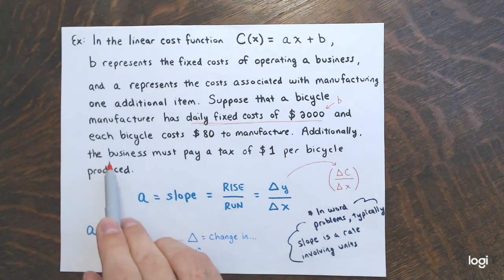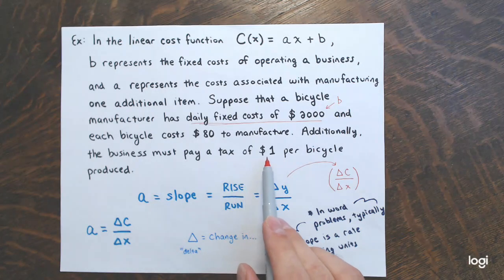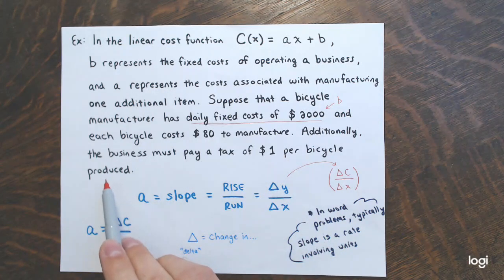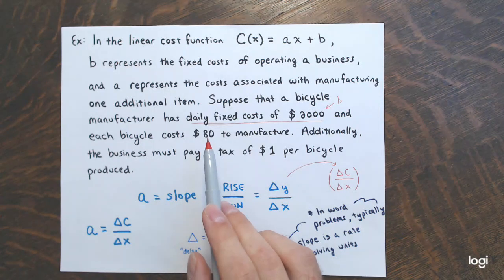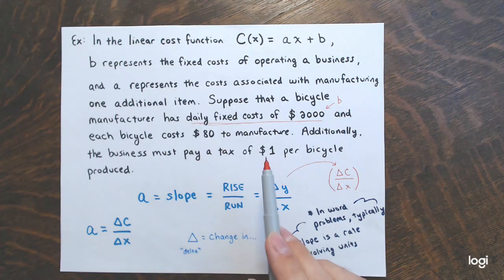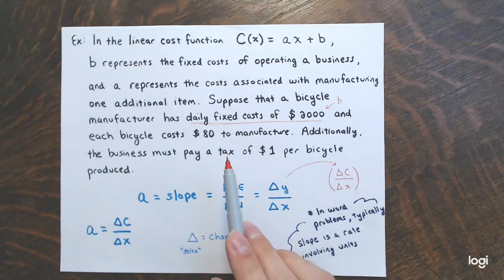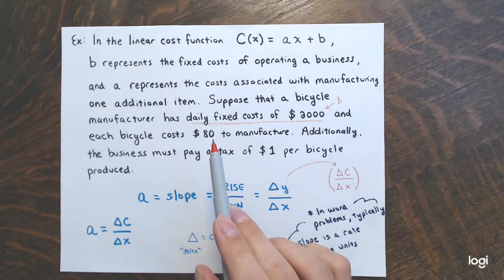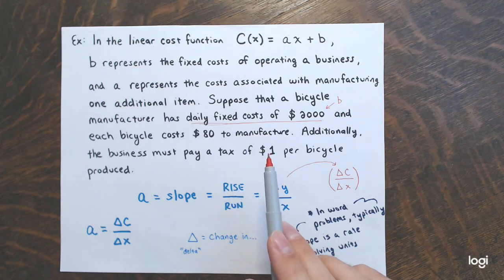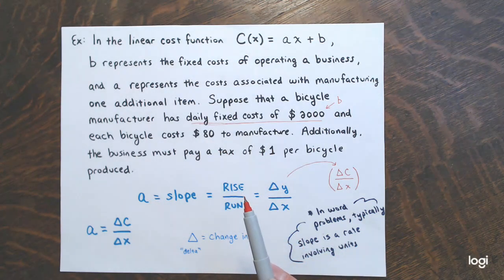Additionally, the business must pay a tax of $1 per bicycle produced. So in total, it costs them $80 plus another dollar in tax to produce a single bicycle. So it's going to cost this business $81 for each bicycle.